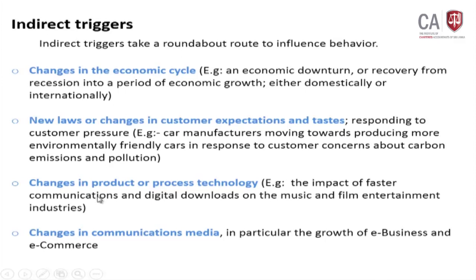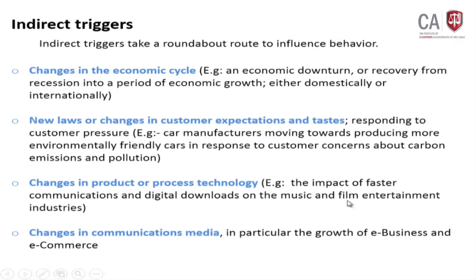Changes in product or process technology. Example, the impact of faster communication and digital download on the music and film entertainment industries. In the film entertainment industry, most things are now downloadable.